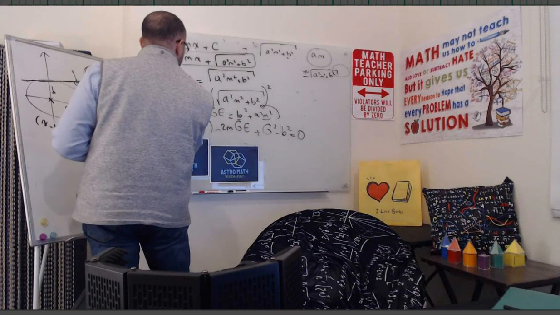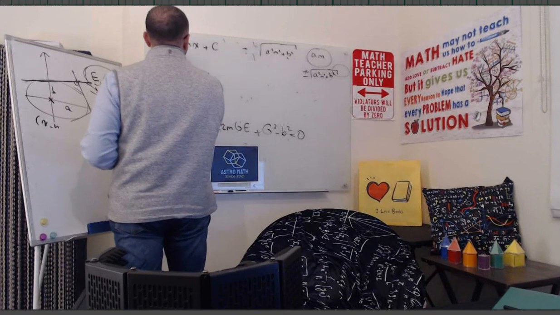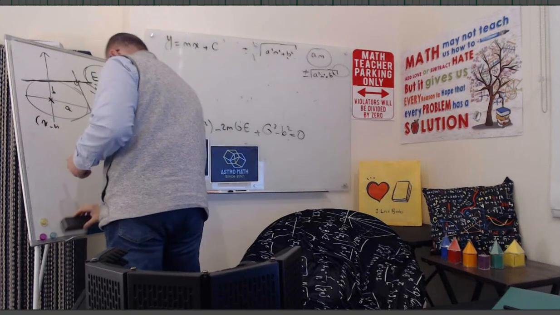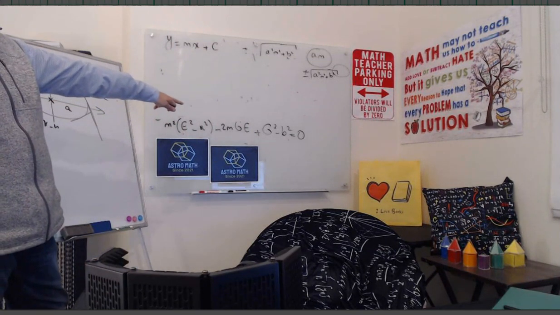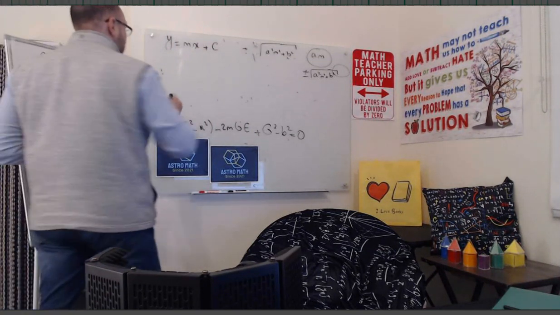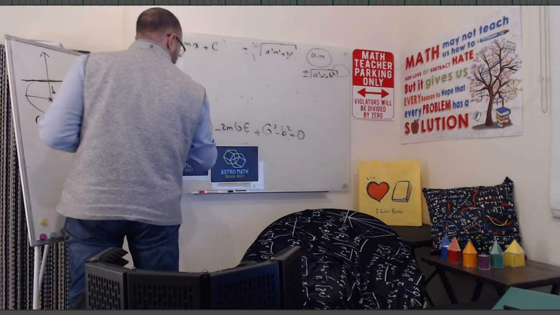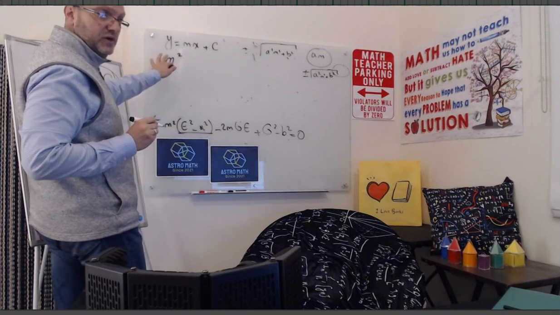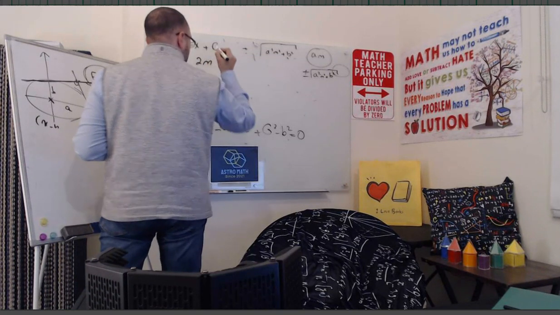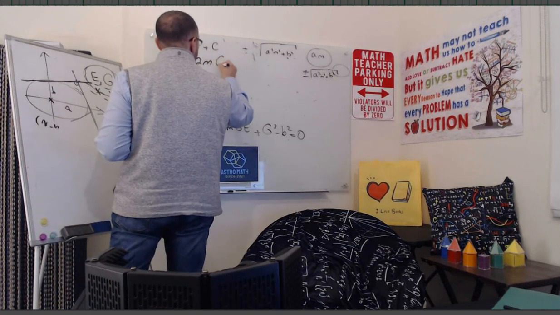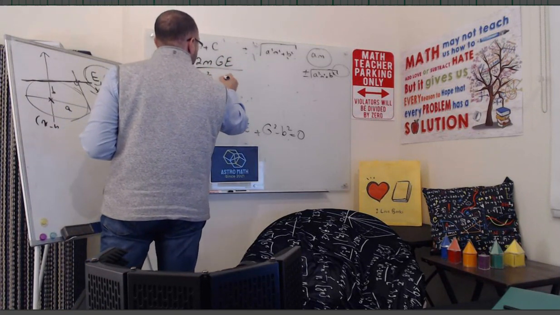I'm going to erase and keep the bottom one. I want to get rid of e² minus a² and keep the m² here. So if I divide by e² minus a², in the first term, what do I get? m² minus 2m GE divided by e² minus a².